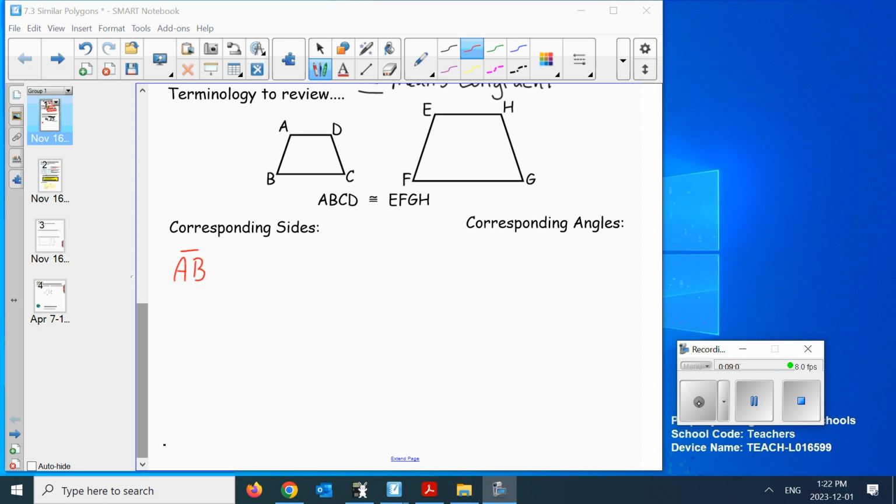AB corresponds to what's like side AB on the larger shape? Yeah, it's at that angle that's on the left side.